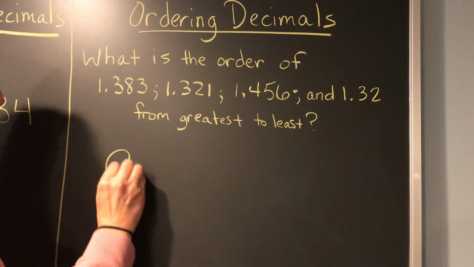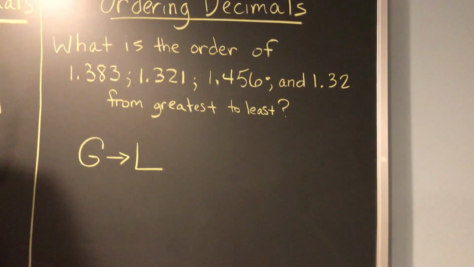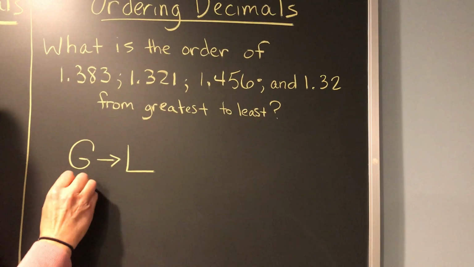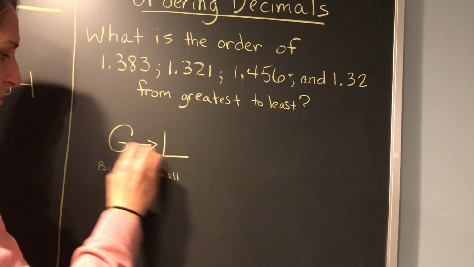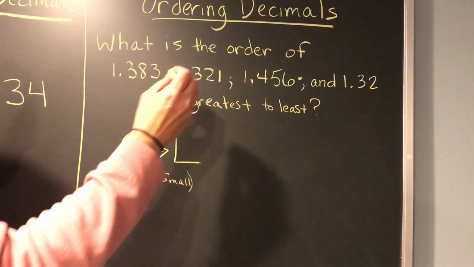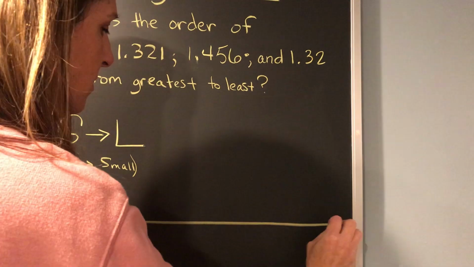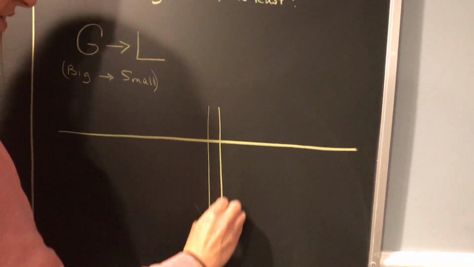All right, so I'm going to go greatest to least, which we're thinking biggest to smallest, right? If you know greatest to least, you're fine. If you want to write down a little hint that you're going big to small, go ahead. I'm going to draw a place value chart, just a quick one down here. I'm going to put a spot for my decimal point.